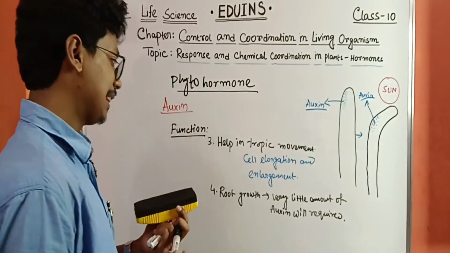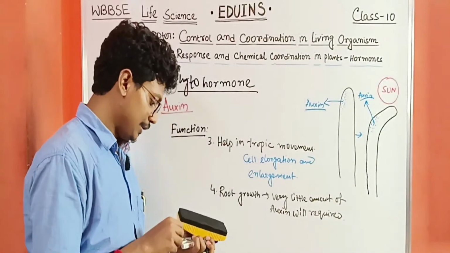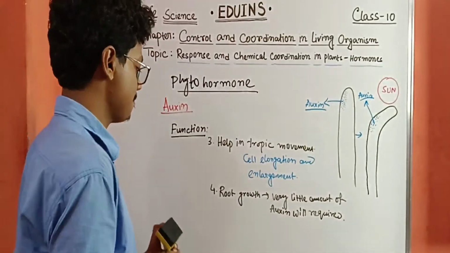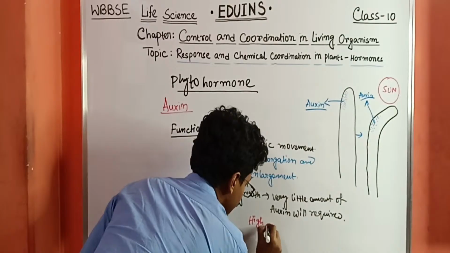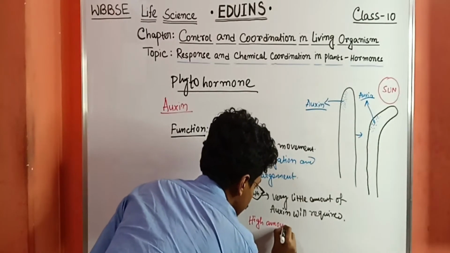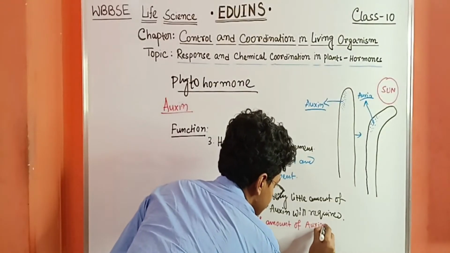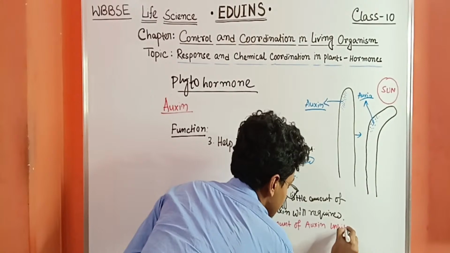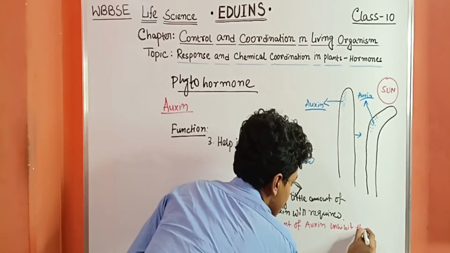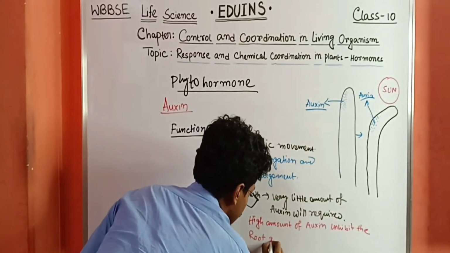If there is a high amount of auxin, it will inhibit the root growth. High amount of auxin inhibits the root growth.